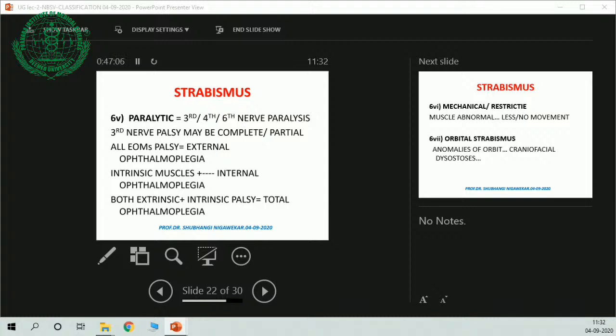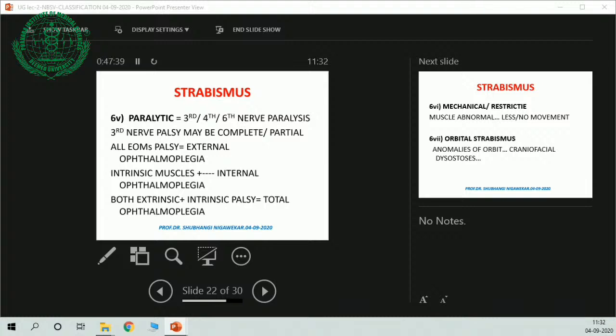Okay, so if 3rd nerve palsy is there, for example, with 6th nerve the lateral rectus will go, with 4th nerve the superior oblique will go, but the 3rd nerve supplies all the extraocular muscles, that is the superior rectus, inferior rectus, medial rectus, inferior oblique. Plus some intrinsic muscles also, like the ciliary muscle, sphincter pupillae, and levator palpebrae superioris, which is a lid muscle. All these muscles are supplied by the third nerve.